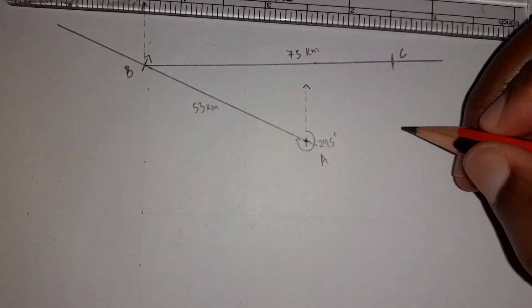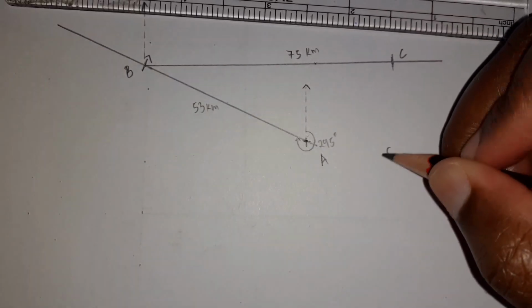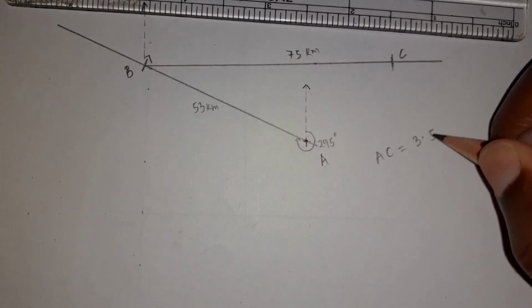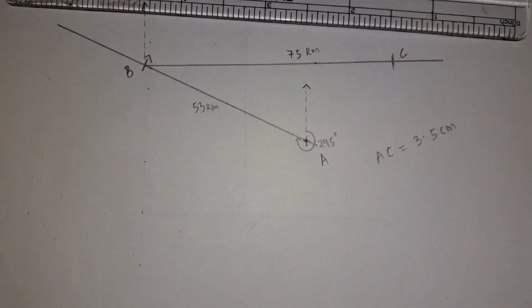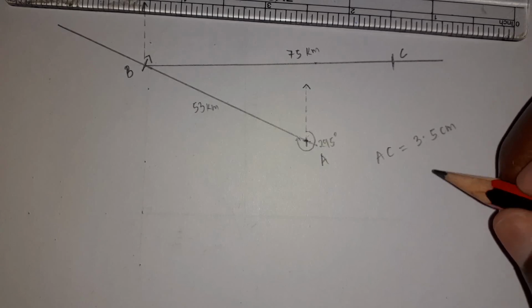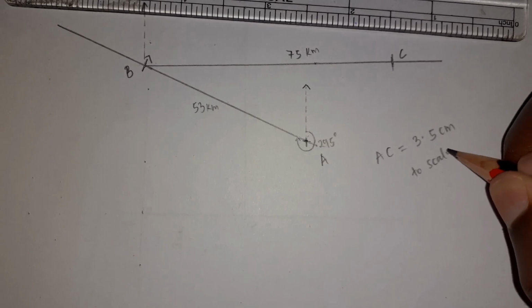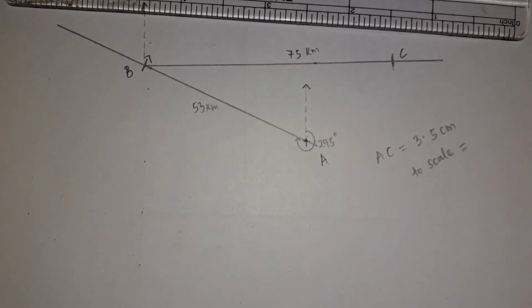It is 3.5 centimeters. So AC is 3.5 centimeters. And using the scale, it will be times 10 kilometers, which is 35 kilometers.